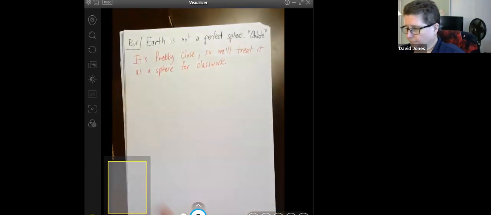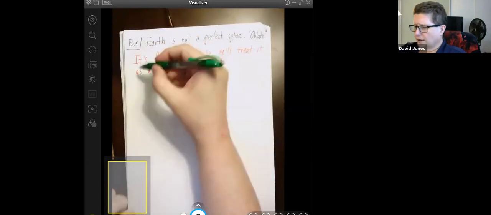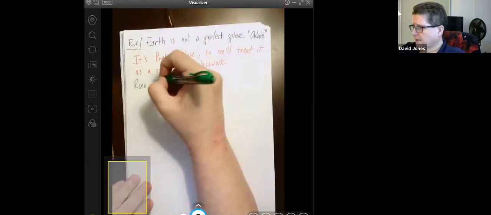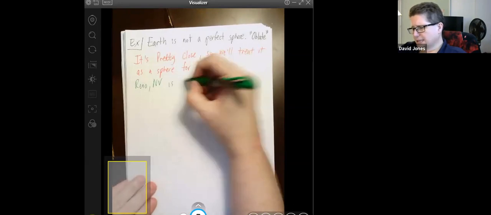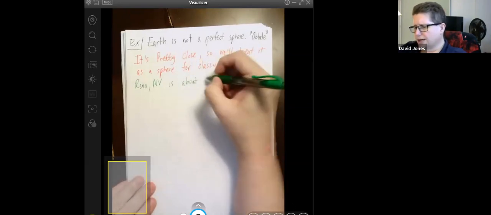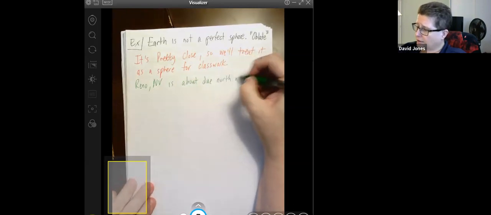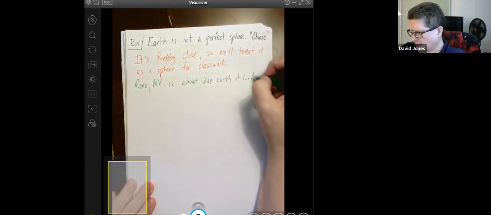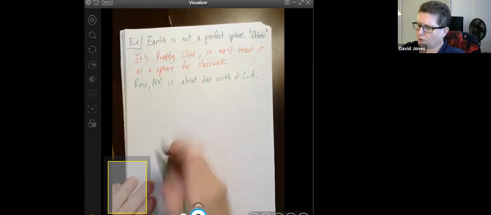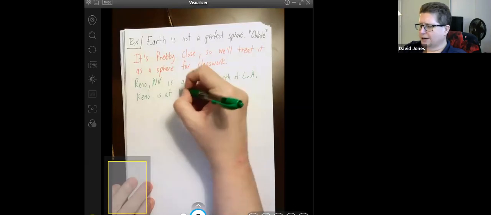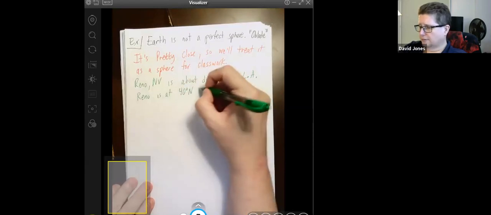So here's our example. If you look at a map, Reno, Nevada is about due north, straight north of Los Angeles. Reno is at 40 degrees north latitude.